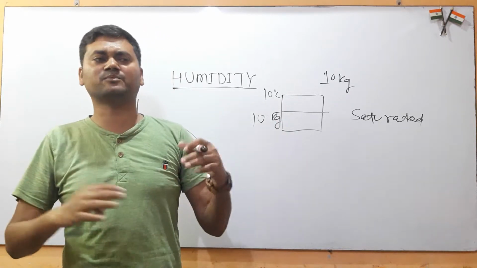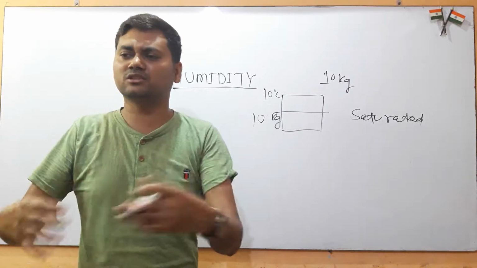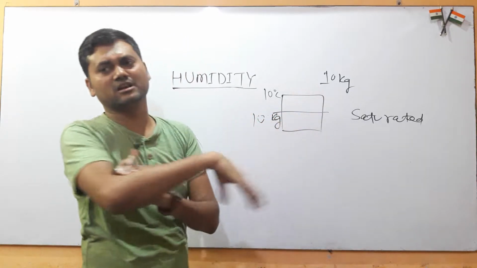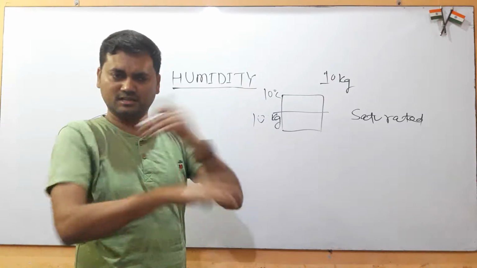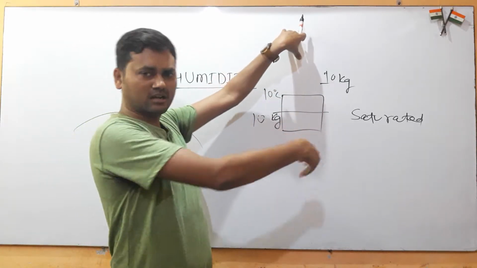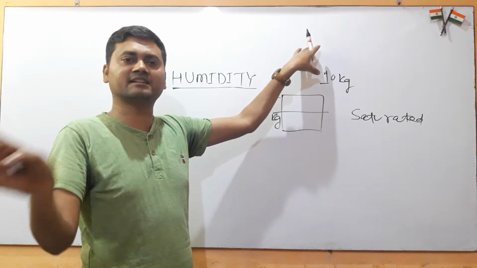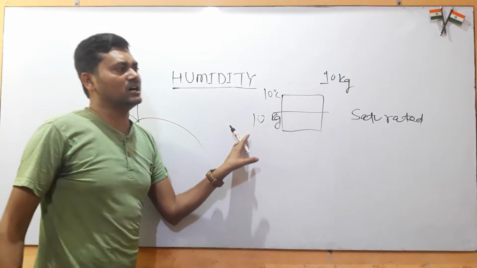So condensation is a process related with the change of water vapor into different forms. Condensation happens once the air gets saturated. Once the air gets saturated, the condensation would happen.